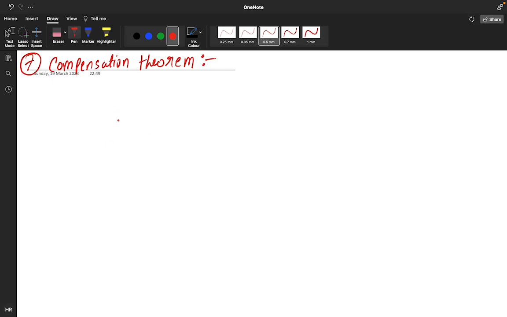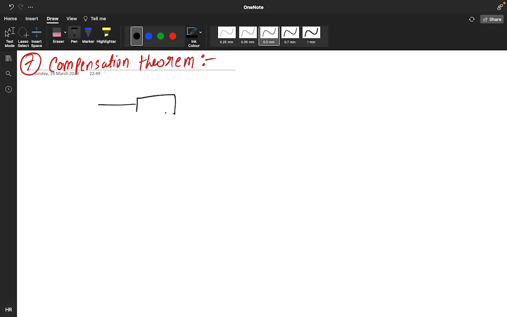So what is the meaning of the compensation theorem actually? Basically, we use the compensation theorem for the study of errors.